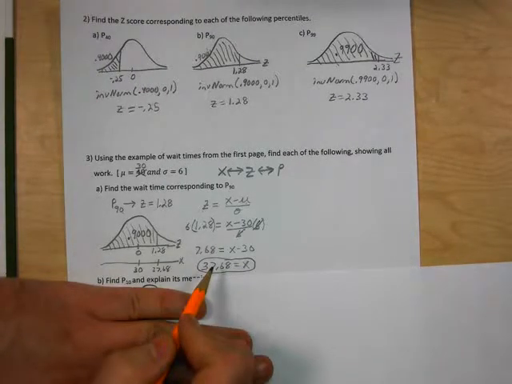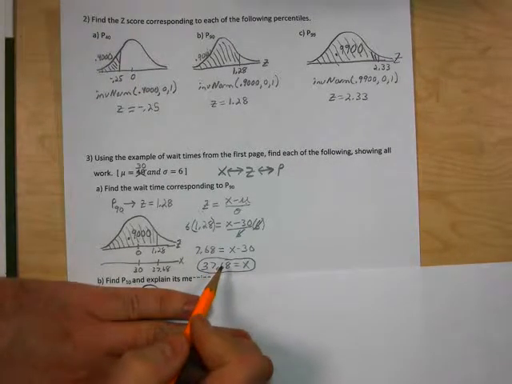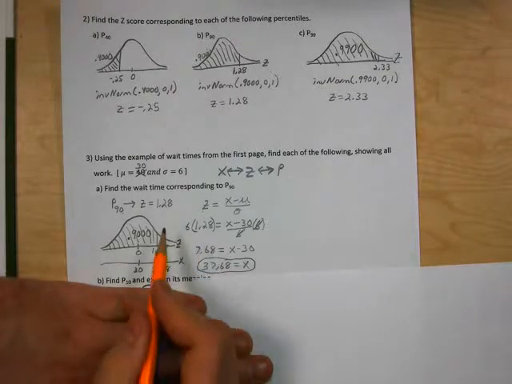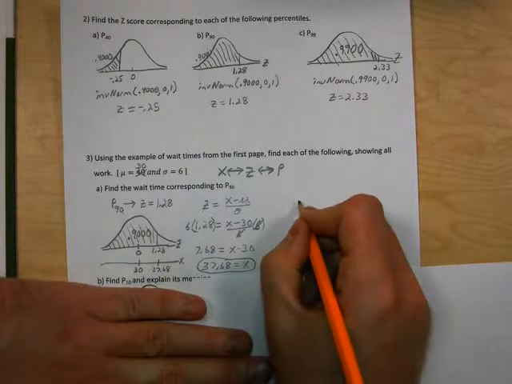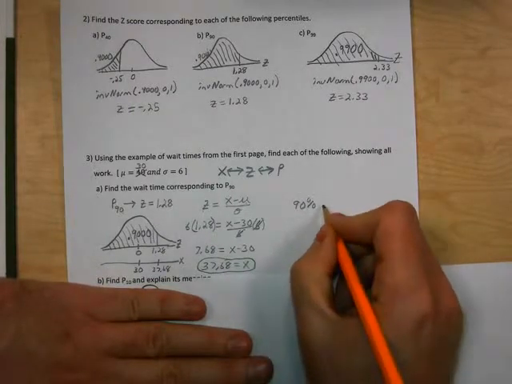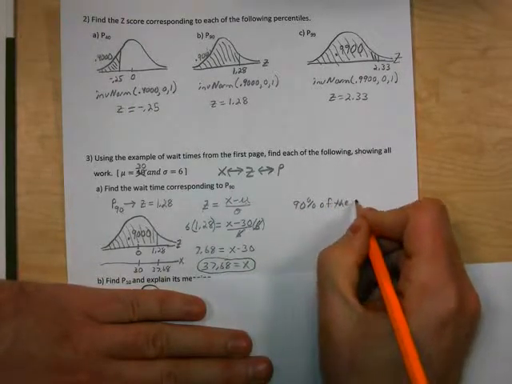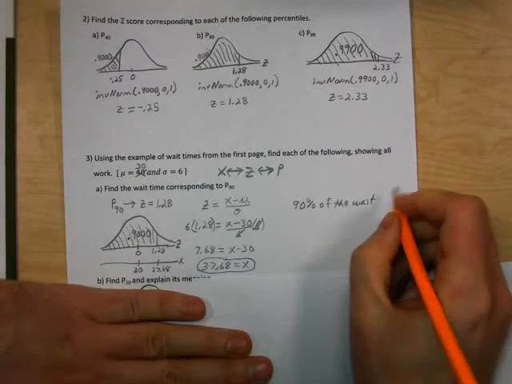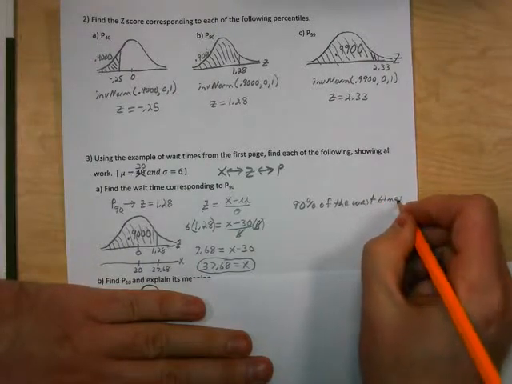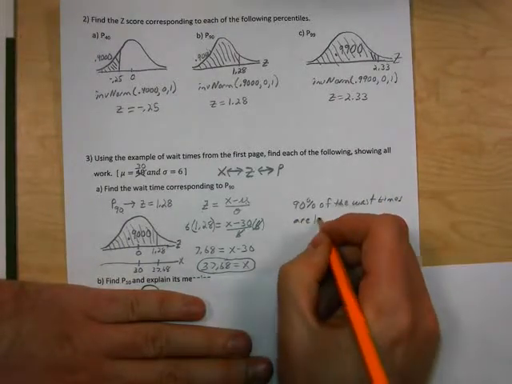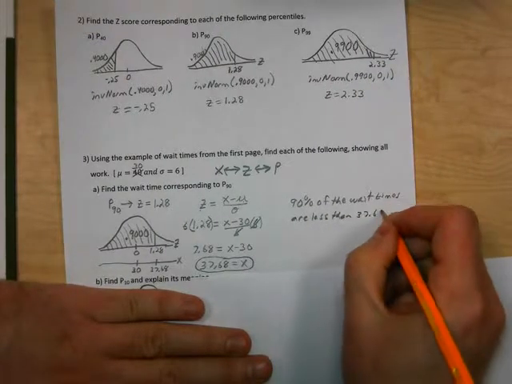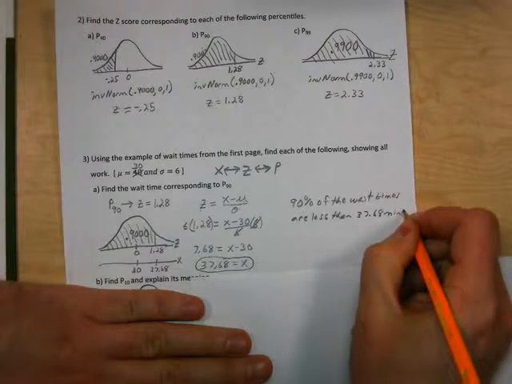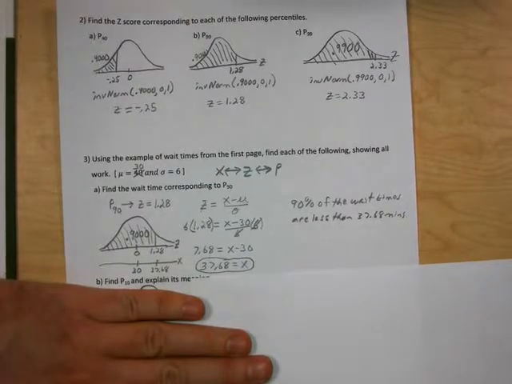So a wait time of 37.68 minutes corresponds to the 90th percentile, which means 90% of the wait times are less than 37.68 minutes. That's how you interpret that.